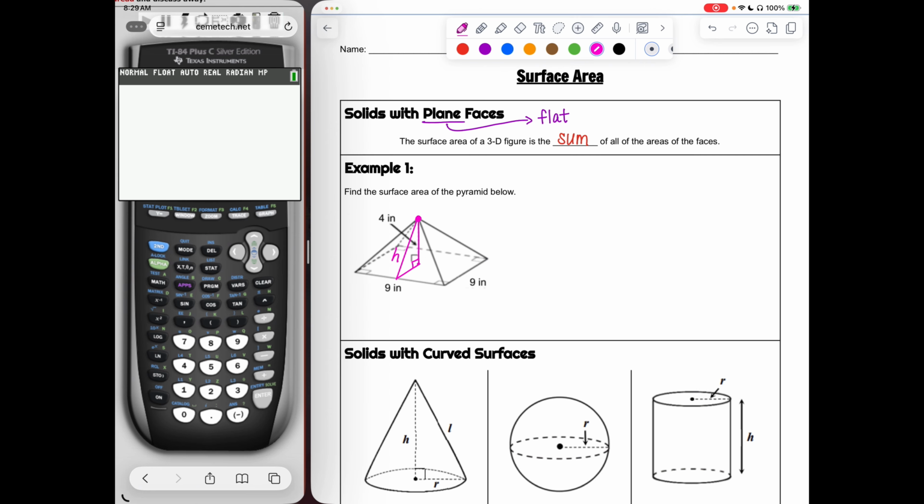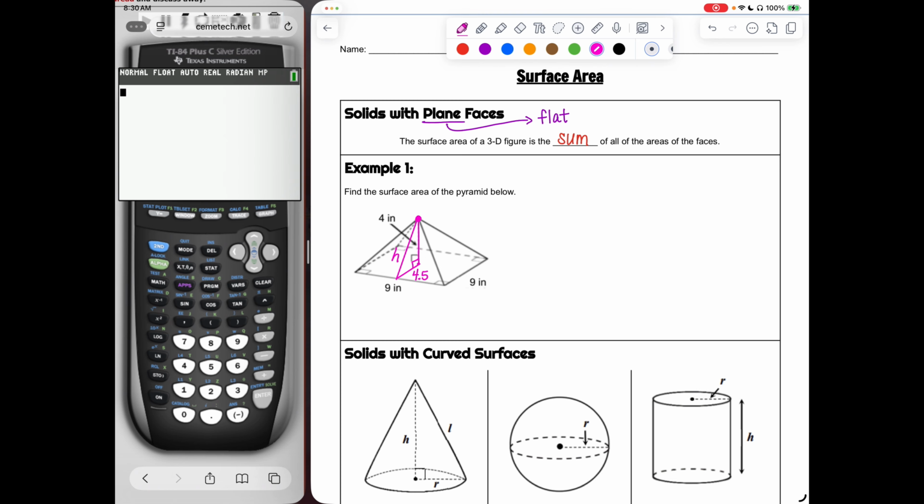We do not know the height of the triangular face, and we do know that the length of the square is 9. Since the length of this square is 9, if I go halfway, the length of that right triangle leg is 4.5, because it's half of 9, going from the edge of the square to the middle of the square.